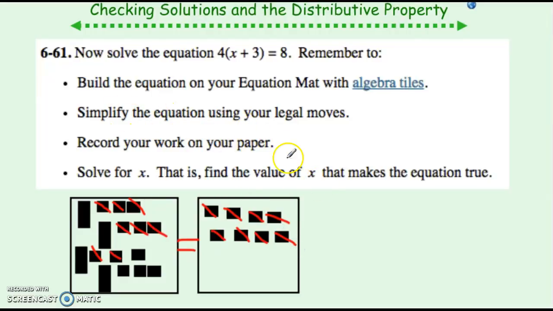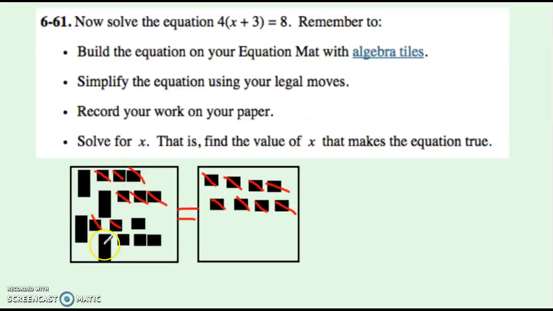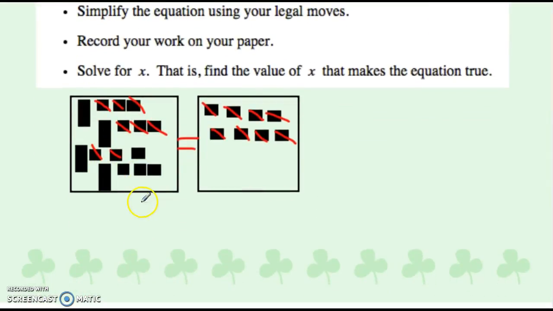All right, so I'm simplifying using legal moves. I end up getting down to 1, 2, 3, 4x. I'm going to write that beneath it. 4x plus 4 is equal to 0.